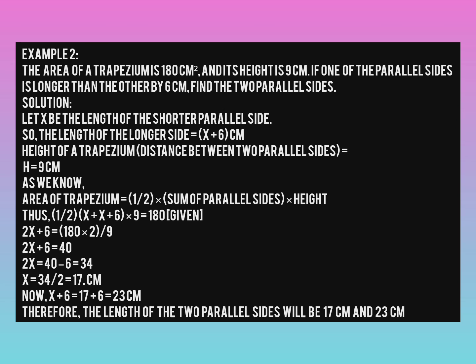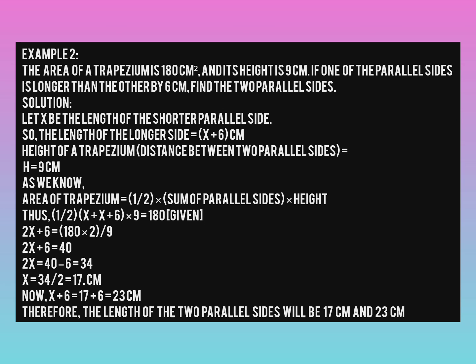Solution. Let x be the length of the shorter parallel side, so the length of the longer side equals x plus 6 cm. Height of the trapezium, the distance between the two parallel sides, equals 9 cm. As we know, area of a trapezium equals 1 divided by 2 times the sum of parallel sides times height.